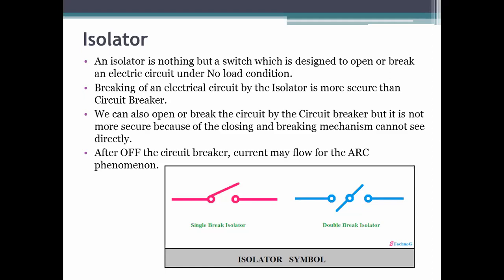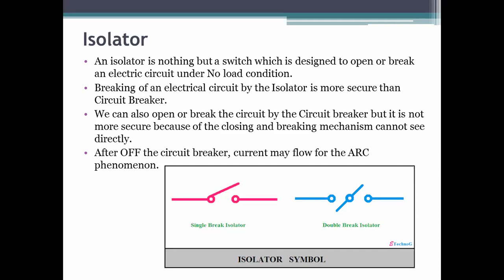Actually, the isolator has more secure operation, because when we are considering the circuit breakers, there is a main problem of the arc extinction, right? So we have to extinguish that arc, and that's why these isolators are easy to operate, and more secure than the circuit breakers.